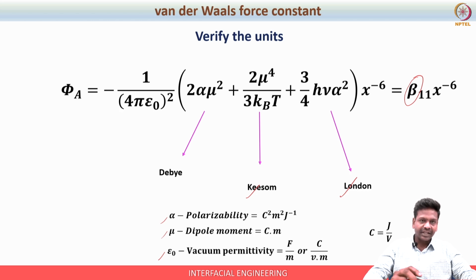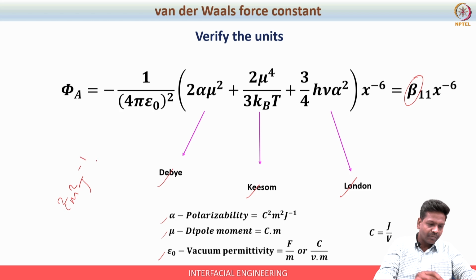Now let's first take the Debye interaction. The unit of this Debye term must be joule meter power 6. Let's first analyze that. The rest of the terms can be done by yourself as an exercise. In this case we have alpha, which is Coulomb square meter square joule power minus 1, as given here.